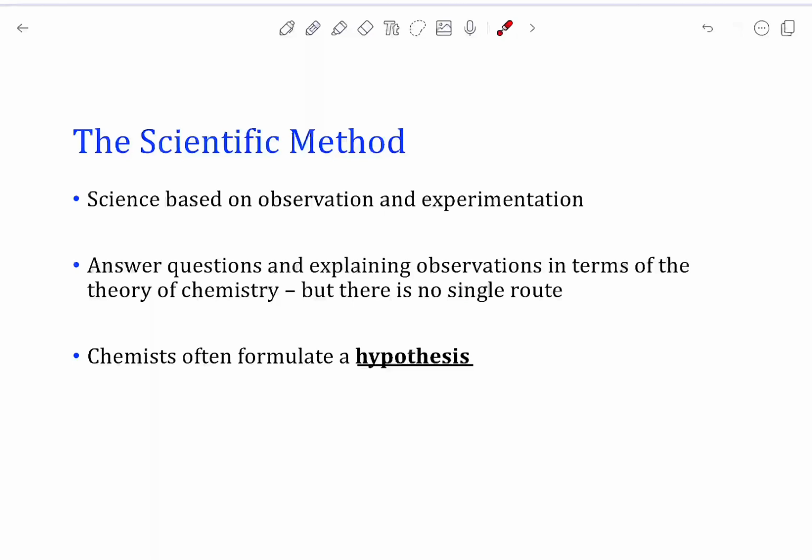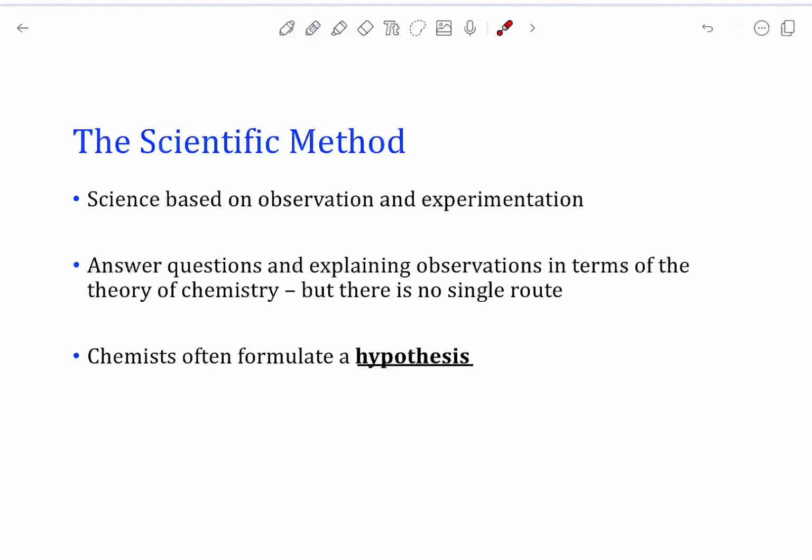So, science is based on observation and experimentation. What the scientific method plans to do is to answer questions and to explain observations in terms of the theory of chemistry. But as we all know, there's no single route to solving a problem or figuring out the answer to a question.